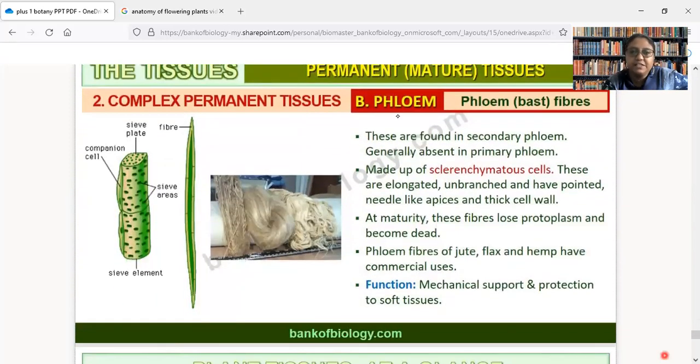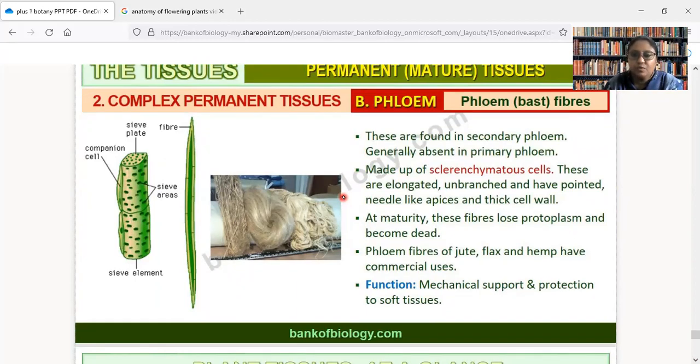Next is phloem fiber. It is nothing but a sclerenchyma cell, and it is generally absent in primary phloem, majorly present in secondary phloem or metaphloem. They are elongated and not branched.